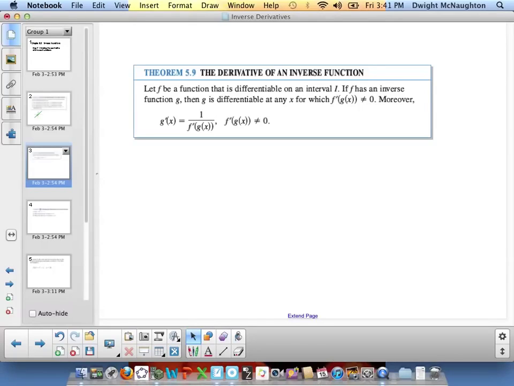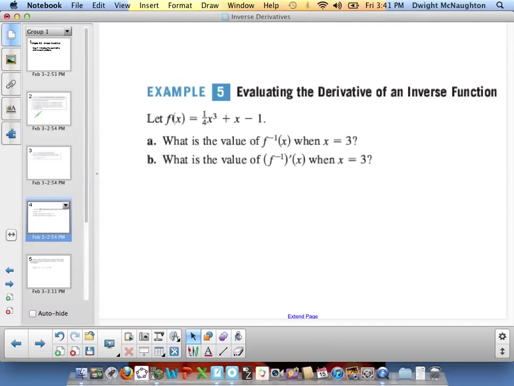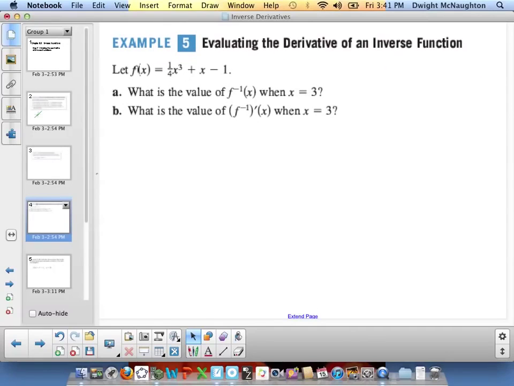All right, so let's look at this and let's apply this. So evaluate the derivative of an inverse. We'll start. We have the question, f of x, what is the value of the inverse when x equals 3? So what is f inverse of 3 equal to?